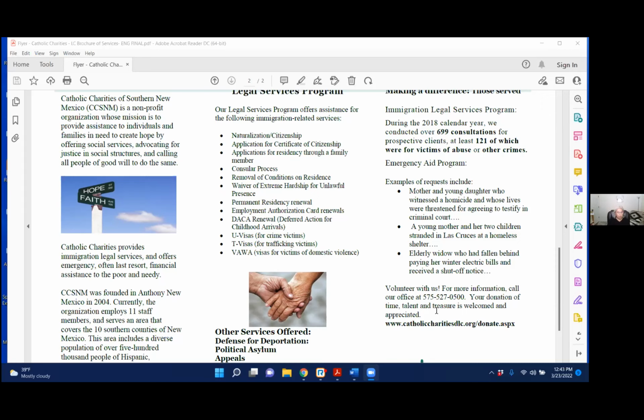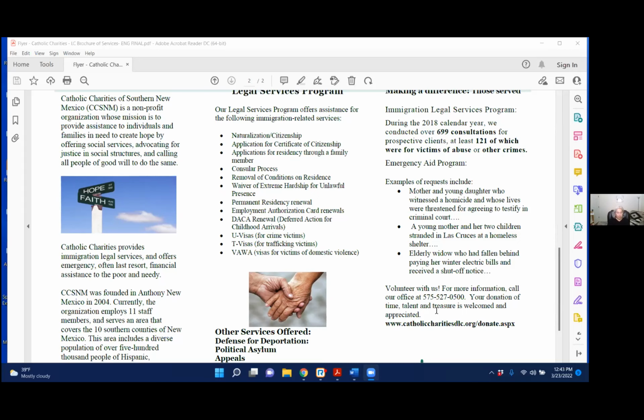We also help out with what's called an SIJS, which is a special immigrant juvenile status. This is for children who have been abandoned, abused, or neglected by one or both parents. We offer defense of deportation, asylum, and also bond hearings.